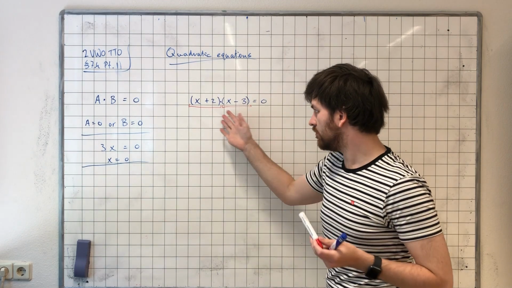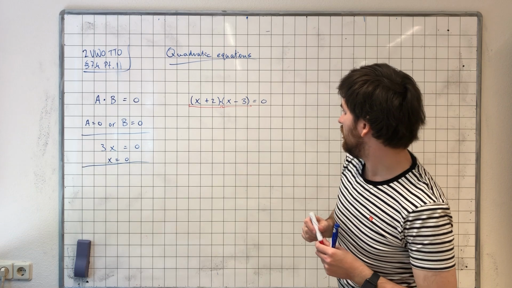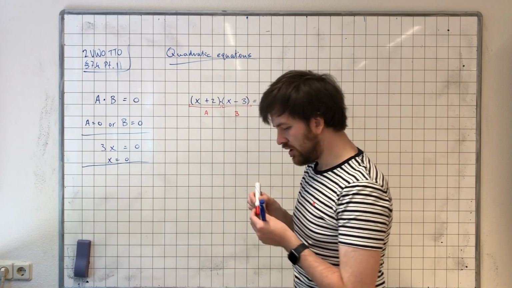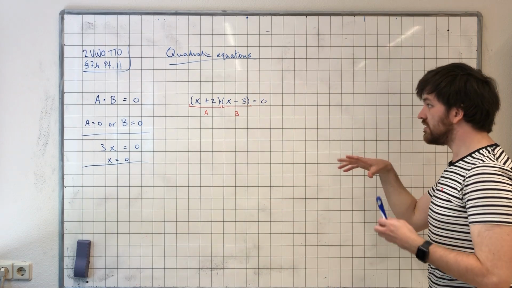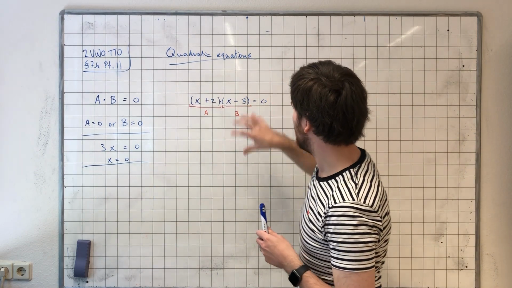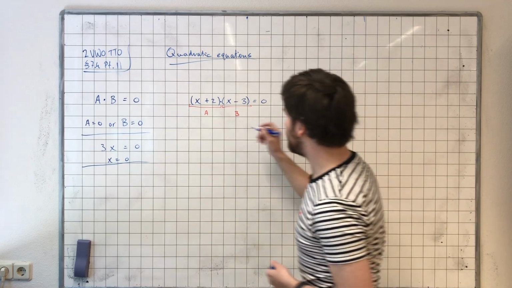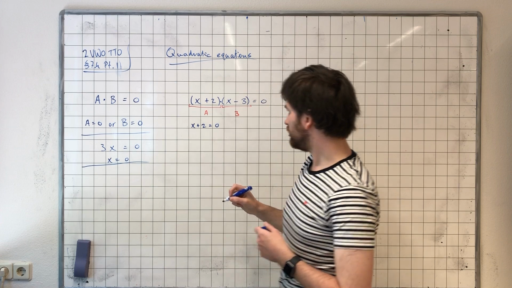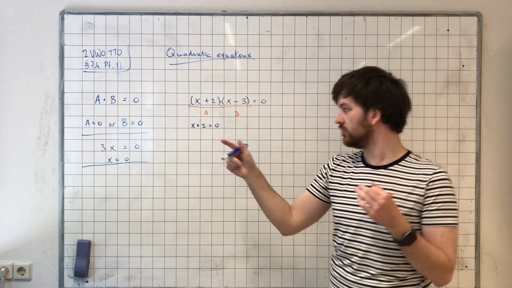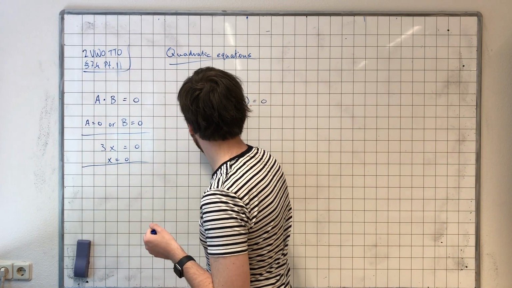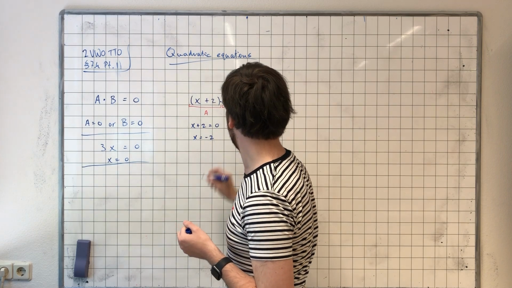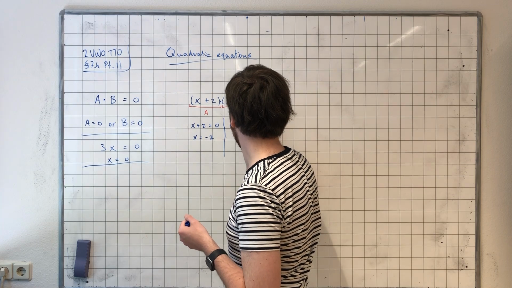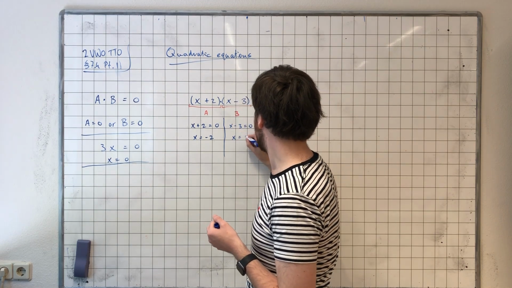And if you try to link to this thing, you can call this A, this B. What does that mean? It means that either this part is 0 or this part is 0. If x plus 2 is 0, then something plus 2 is 0, then x has to be minus 2. On the other hand, if x minus 3 is 0, then x is 3.